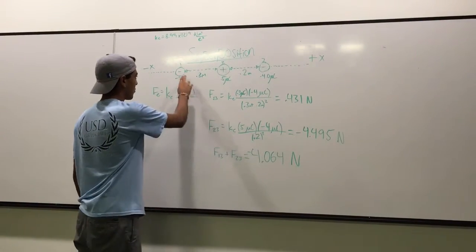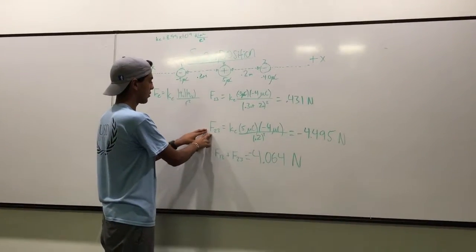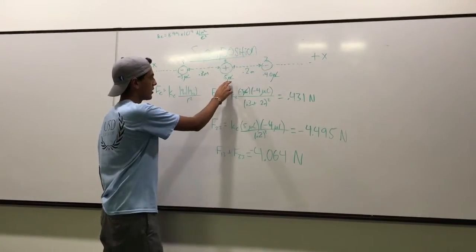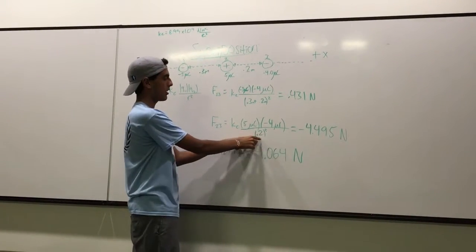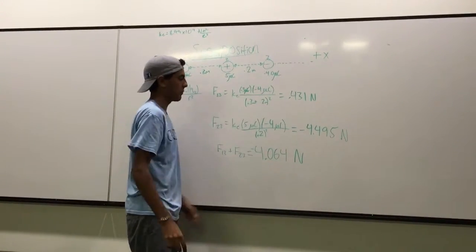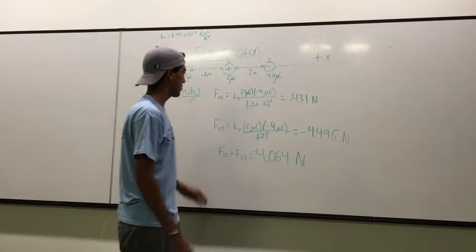We set it up similarly for the force of particle 2 on particle 3. This is 5 microcoulombs, this is negative 4 microcoulombs. Plug them in. The distance is only 0.2 meters this time, and we find it's negative 4.495 newtons.